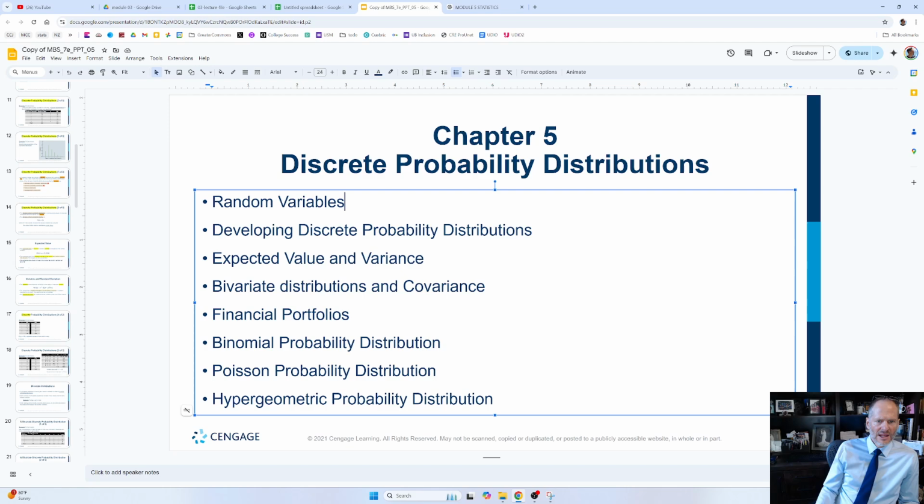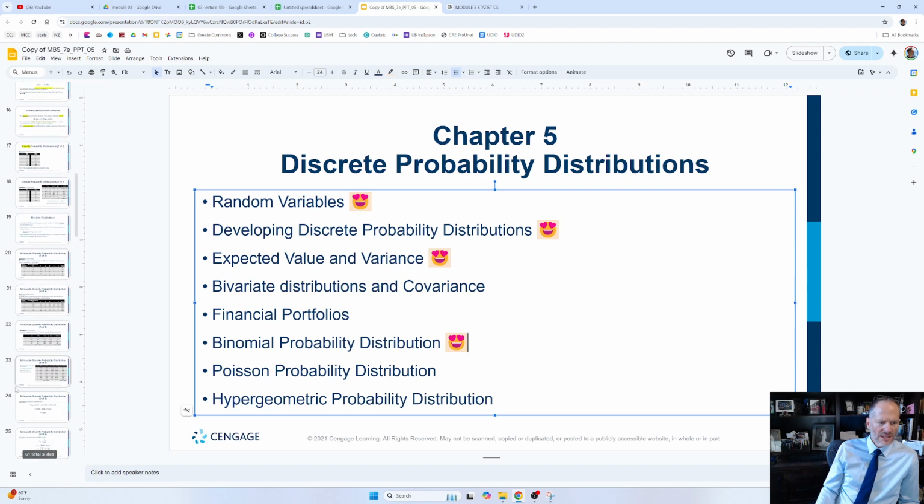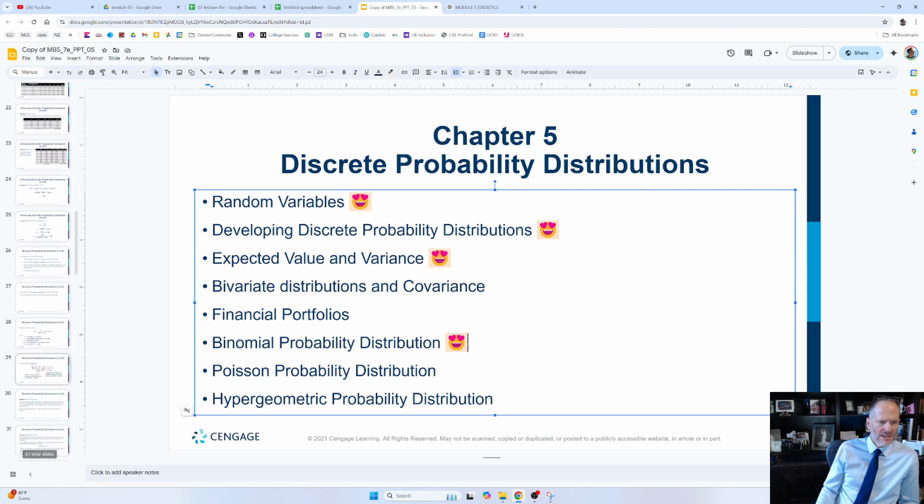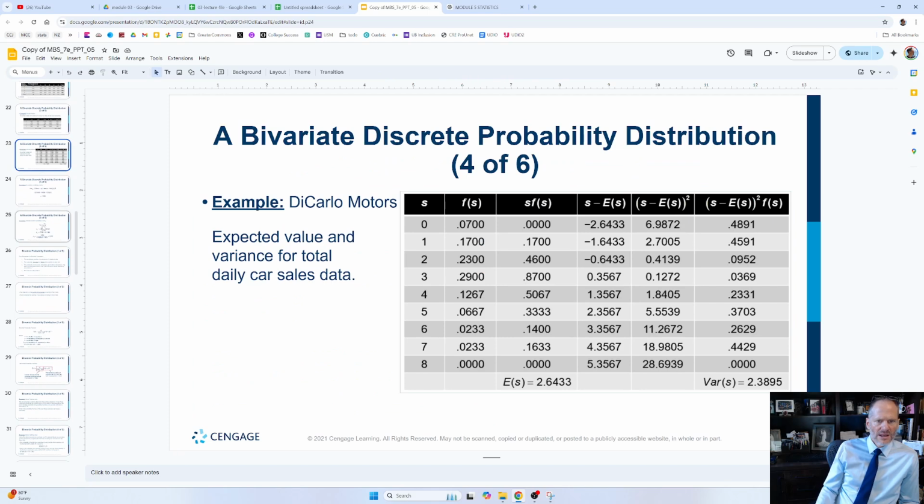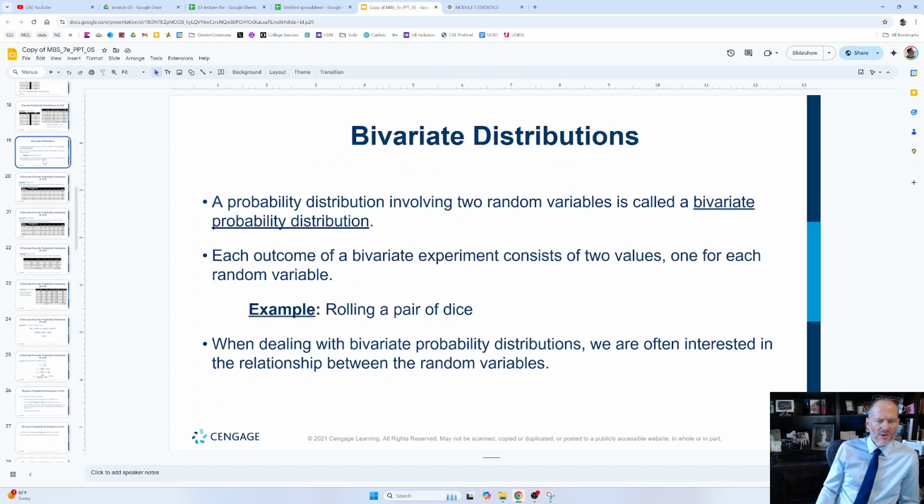We've done that one, and this one, and the binomial probability distribution. And so now we've got these other ones to do. We're going to do bivariate distributions and covariance. That's coming next. Bivariate distribution number 4. See you in the next video.